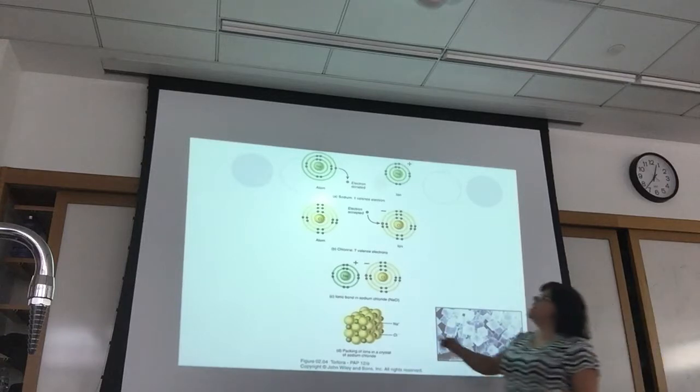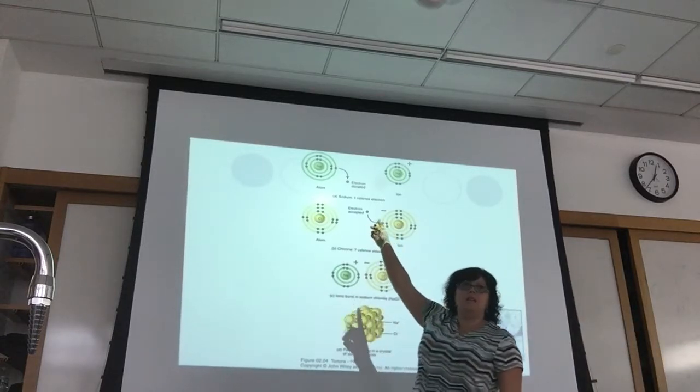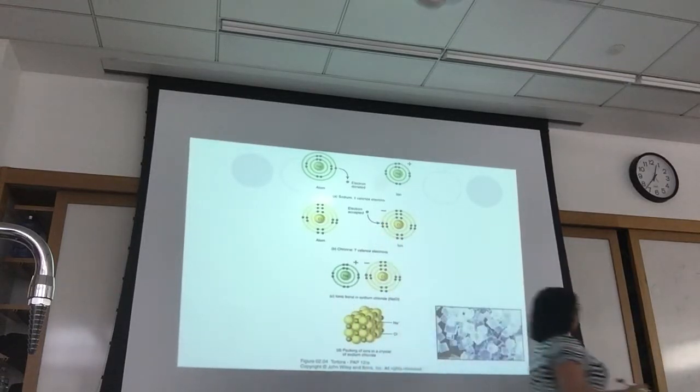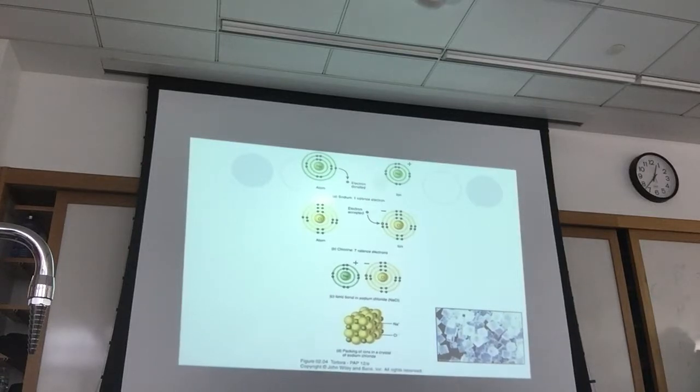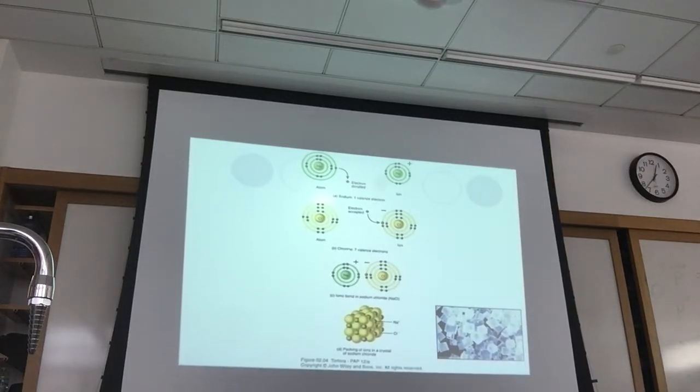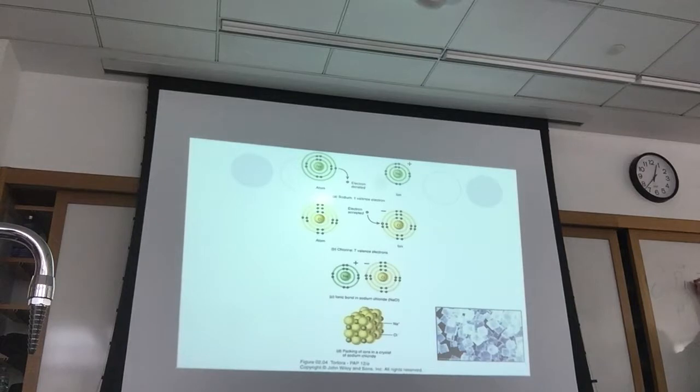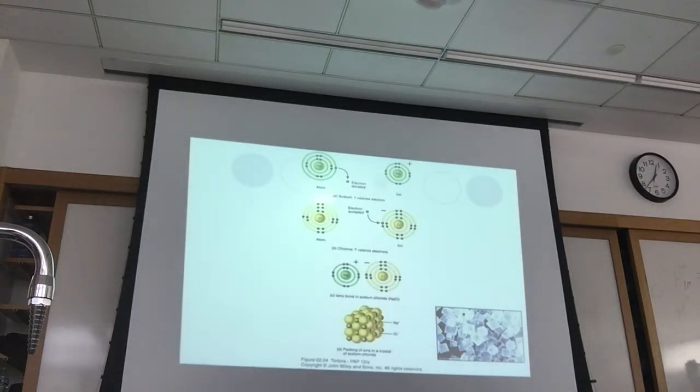Because sodium has 11 electrons. Sodium has 11 electrons. That means it must have 11 protons. Still with me? And if it says I'm going to give 1 up, then I'm going to have 10. That means that's not the case.